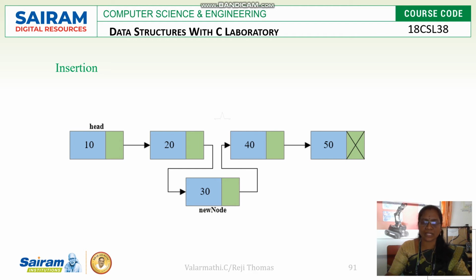According to this example, 10, 20, 40, 50 are the 4 values connected here. Now I want to insert a new node called 30. How is it connected?